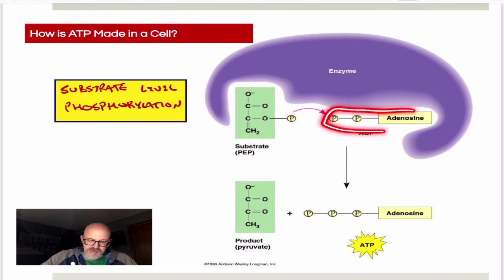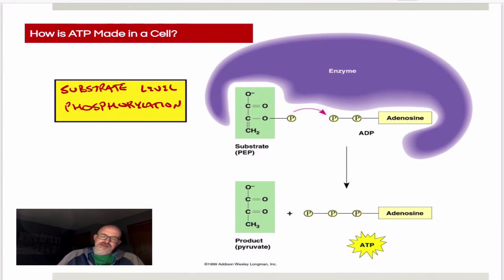We have ADP, and substrate level phosphorylation basically says that we take the substrate, in this case it's called PEP. It's a long name, they simplify it to PEP, but it, using an enzyme, will give up that phosphate group to the ADP to create ATP with a byproduct of pyruvate. Now, your body can then go on and use this pyruvate in other ways, but this is substrate level phosphorylation, and this is a simple version.